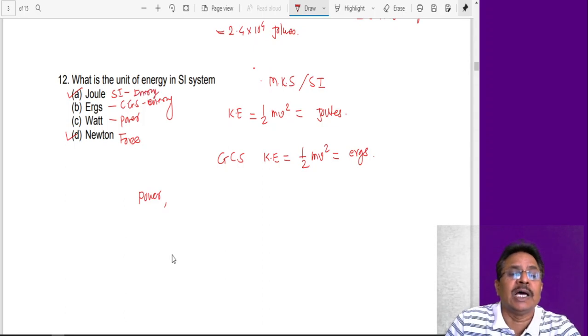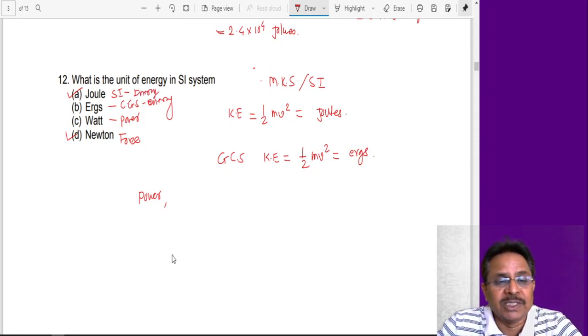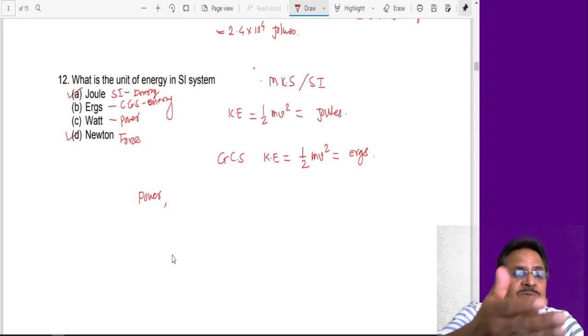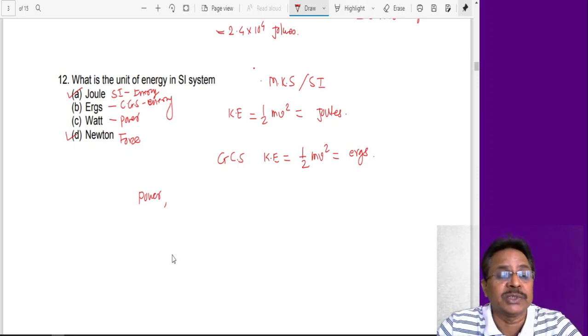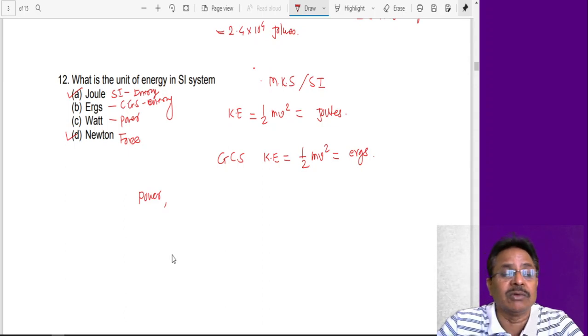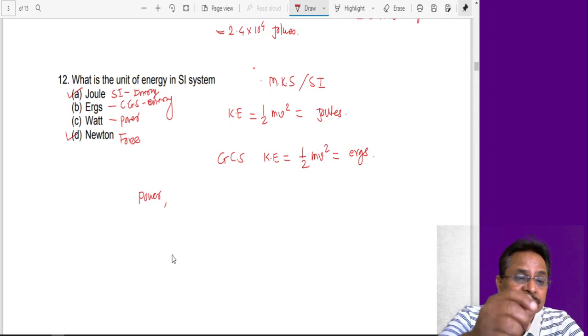In this question, as I said, this particular question may be changed. What is the unit of force in SI system? The options may be the same, and you have to find the correct option; D will be correct in that case. So the same example may be changed as per the requirement of the answer given in the options.